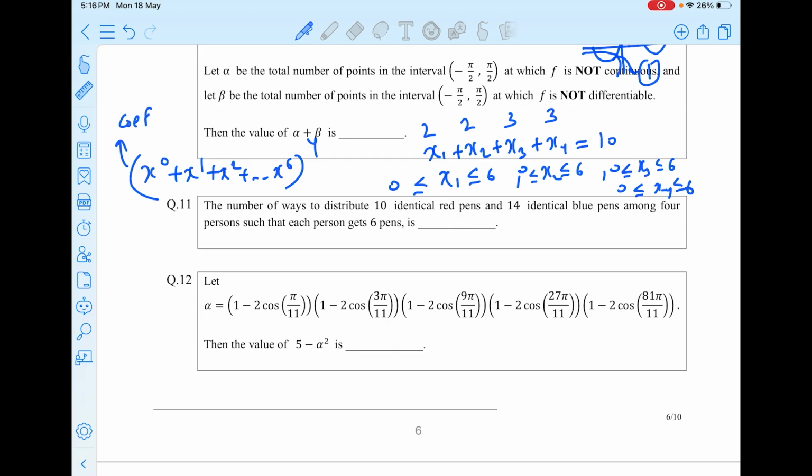We have to find the coefficient of x power 10. So it is a GP: (1 minus x power 7) power 4 times (1 minus x) power minus 4. Find the coefficient of x power 10. After that you can finish this question. (1 minus x power 7) power 4 you can expand, and then (1 minus x) power minus 4 also you can solve. Okay.